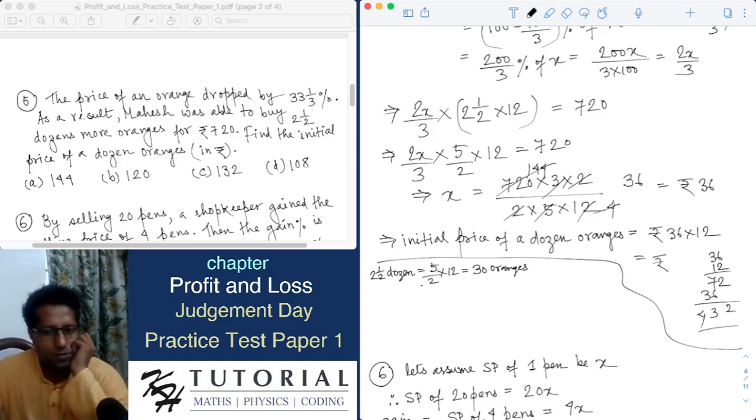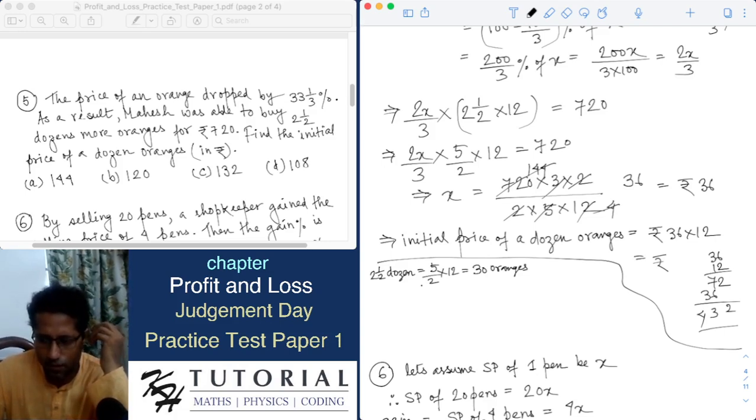What does it mean actually? Does it mean that the number of oranges he could have purchased for rupees 720 based on the initial price is 30 less than the number of oranges he could now purchase on the reduced price for rupees 720?